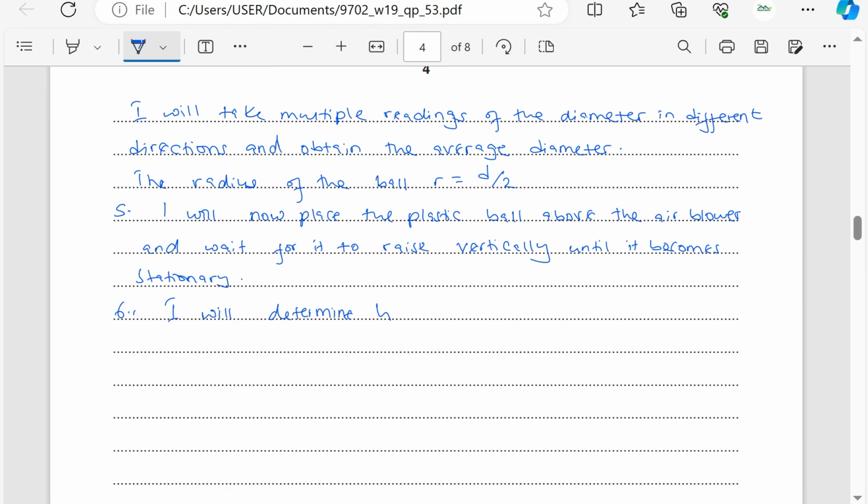So I will determine h from the meter ruler by taking the distance from the top of the ball to the top of the air blower.